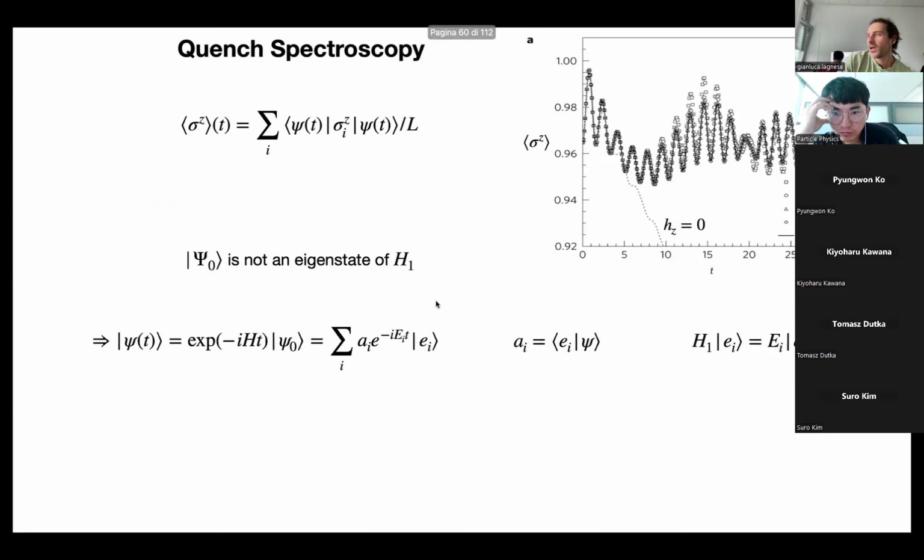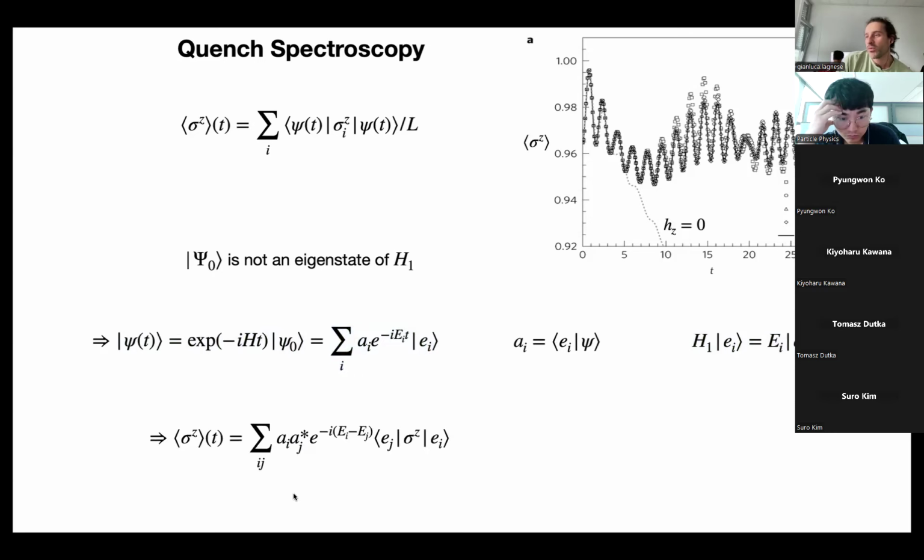So how do you understand this? Essentially, as I said, the idea is that the initial state with this protocol is no longer an eigenstate of the new Hamiltonian. So when you perform unitary time evolution, you can expand over the eigenstates of H1. And then your system evolves in this way, right?